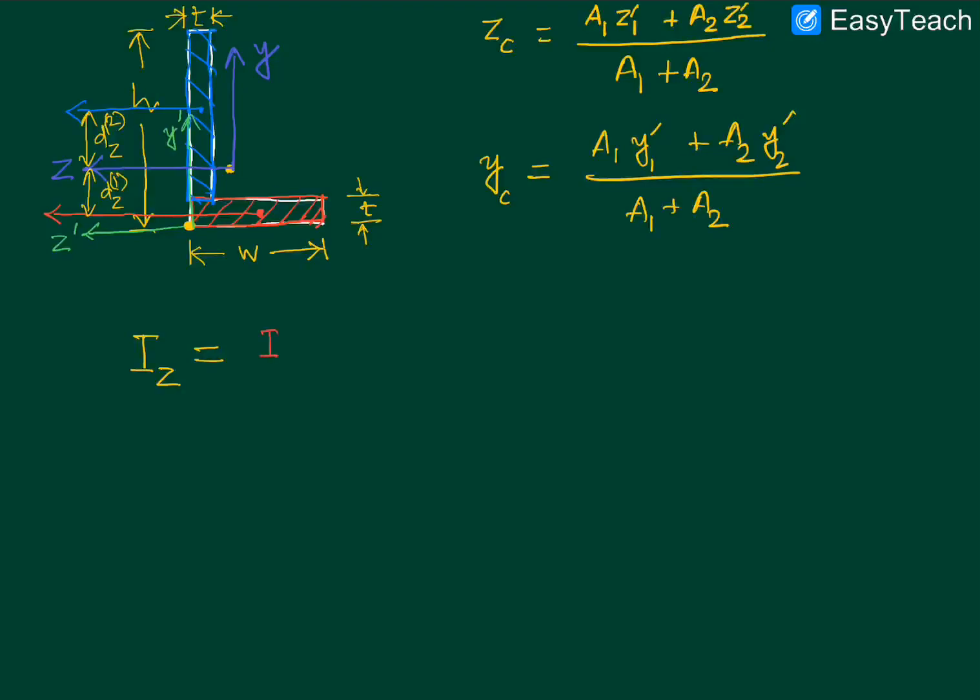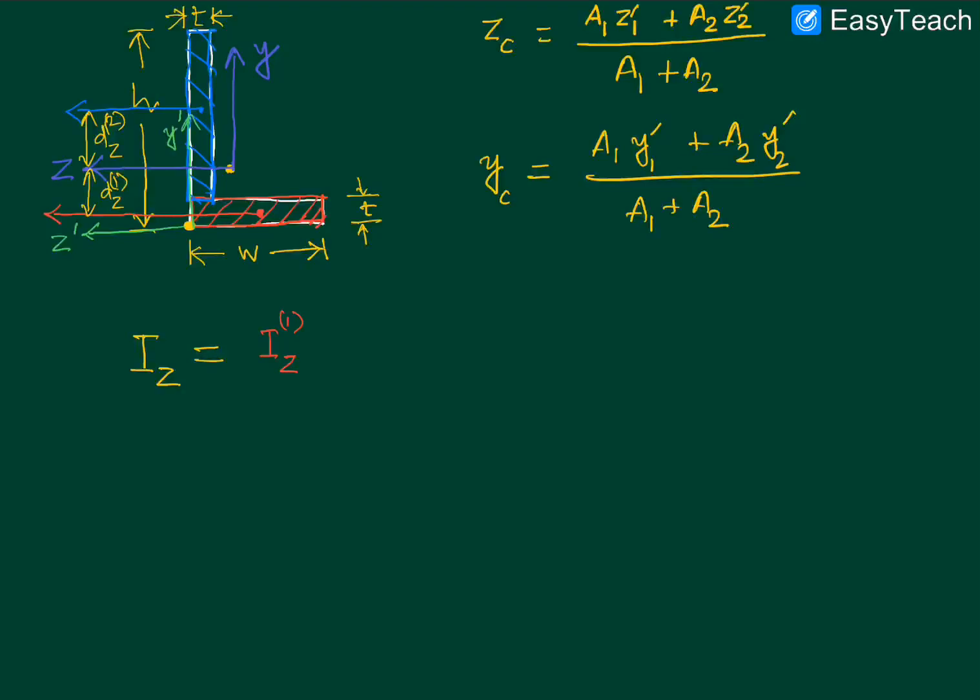So let's say that the IZ1 denotes the second moment of area referred to the z-axis of the red colored cross section referred to its own red colored z-axis.